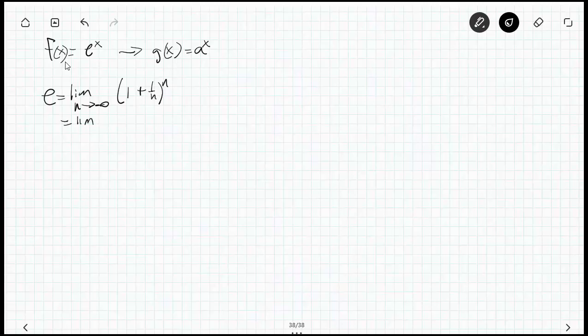Another way to define this is the limit as n goes to 0 of 1 plus n to the 1 over n. You can prove this with your calculator. If you want to throw these values in, as you get closer and closer to 0, you get closer and closer to 2.71828, blah, blah, blah. My favorite number, by the way, of all the transcendental irrationals. I like pi, don't get me wrong, but e is bomb.